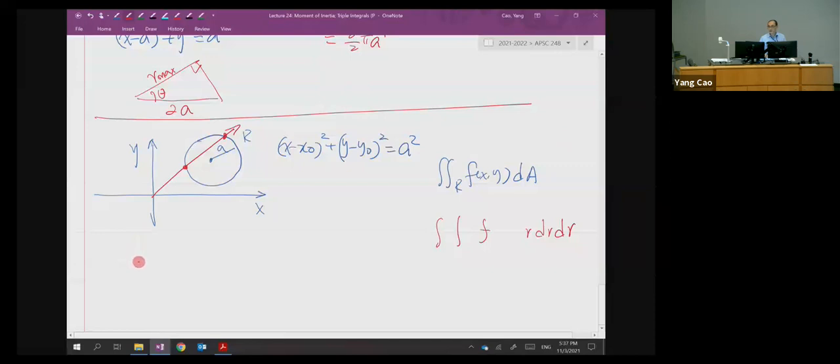So how would you change the variable here? Give me an option. You have x, y, so you want to change to u and v. So how would you change that? Exactly. Okay, you use this change of variable. Why? Because if you use this change of variable, how does the region R become?